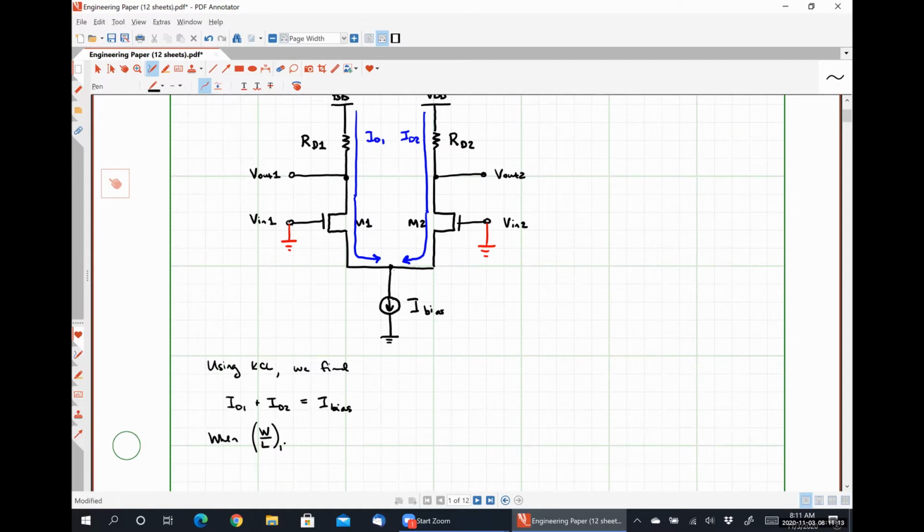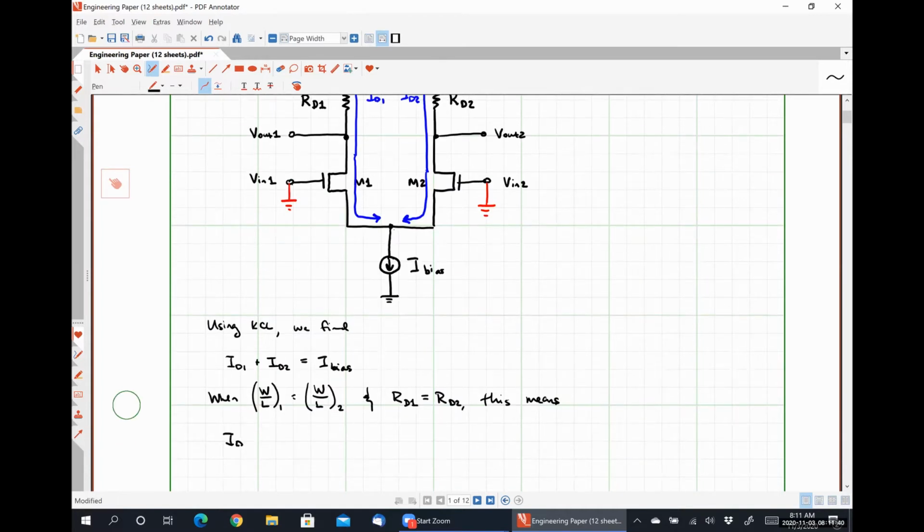When the aspect ratio of transistor M1 is equal to the aspect ratio of transistor M2 and our resistors RD1 and RD2 are equal, this means, should be intuitively obvious, that our drain current ID1 and our drain current ID2 are equal, and they are each exactly 1/2 of our bias current.